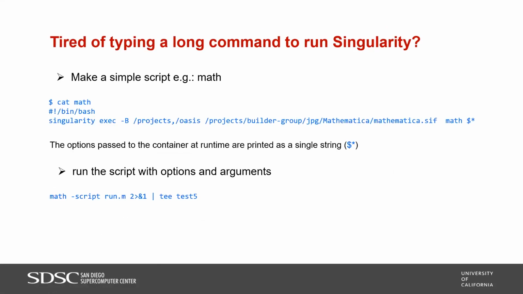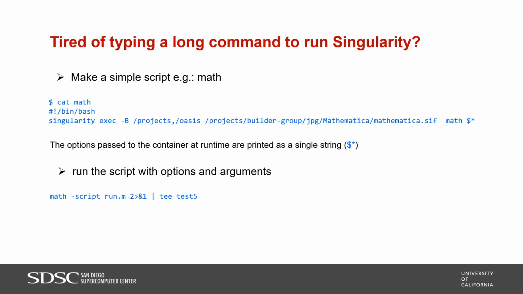And of course, you might be aware that the Singularity command is very long. So you can make a simple bash script, like the example I have here. A simple bash script can include a long Singularity command.